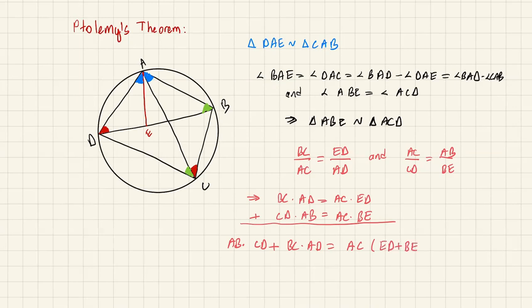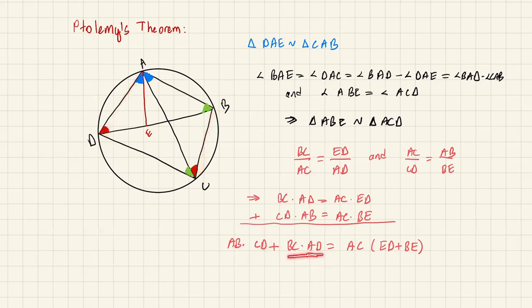For the left side, we have AB, which is one side of the quadrilateral, and CD, which is opposite to this AB. The product of these two plus BC, which is this side, times AD.